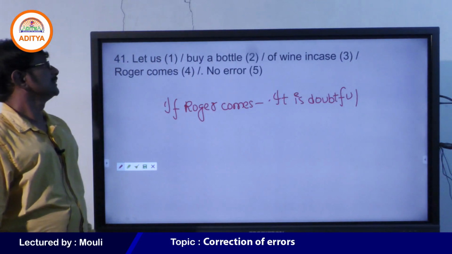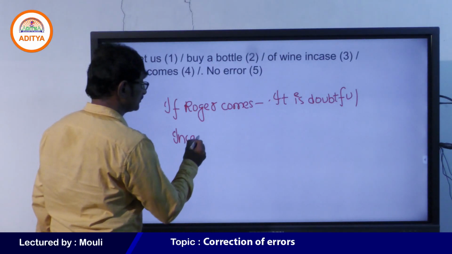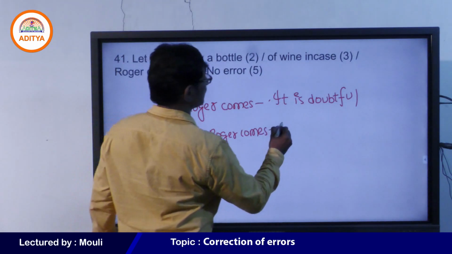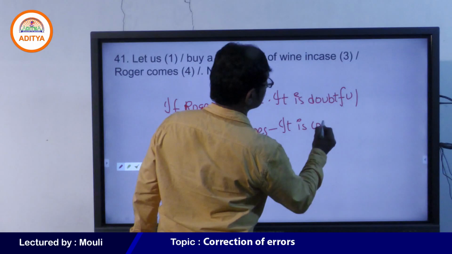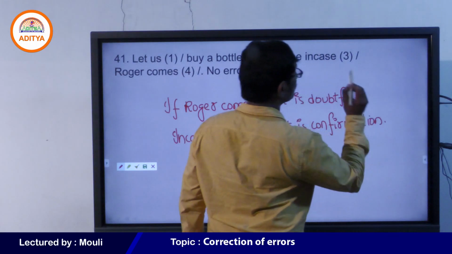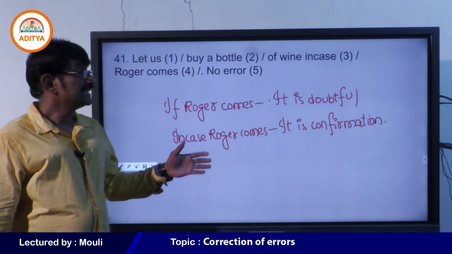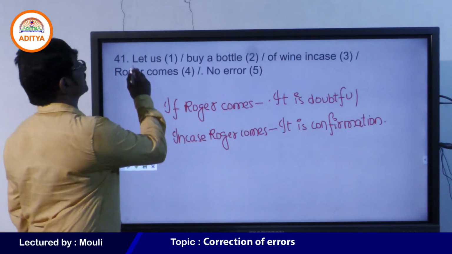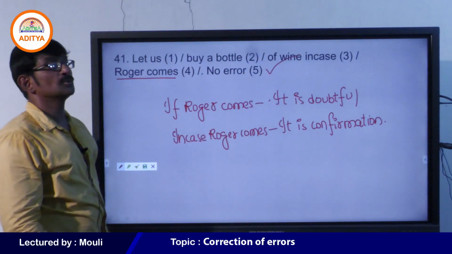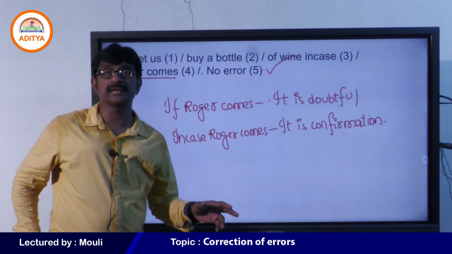If you say "in case Roser comes," it is confirmation. So there is no mistake. Let us buy a bottle of wine in case Roser comes. It is a right one. No error. It is absolutely a right one.